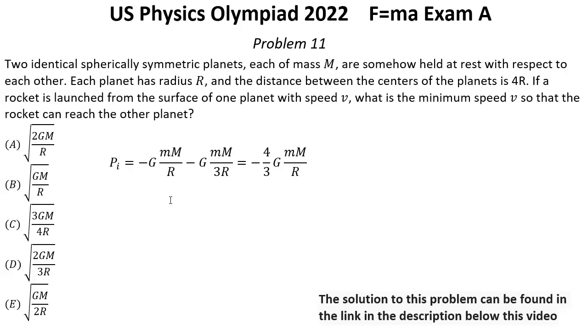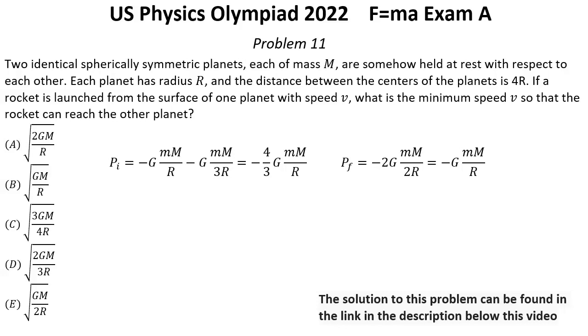So this potential energy equals negative 4 over 3 G mM over r. Now let's count the potential energy right in the middle point between these two planets. That will be negative 2G multiplied by mM over 2r, which is just negative GmM over r.